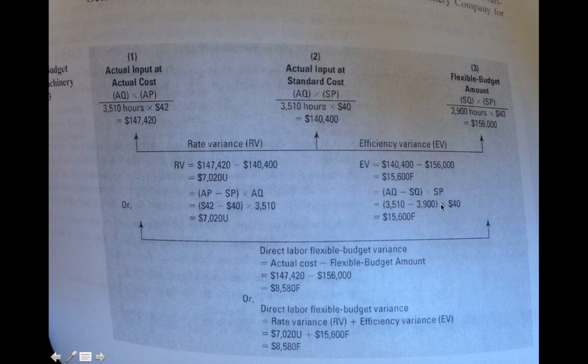But it's composed of efficiency variance and rate variance. Okay? So, and the way you look into it, you have to understand what is standard price, what is standard quantity. And then you want to look at what is actual quantity, what is actual price, what is standard price, and how they move together to give you this whole variance.